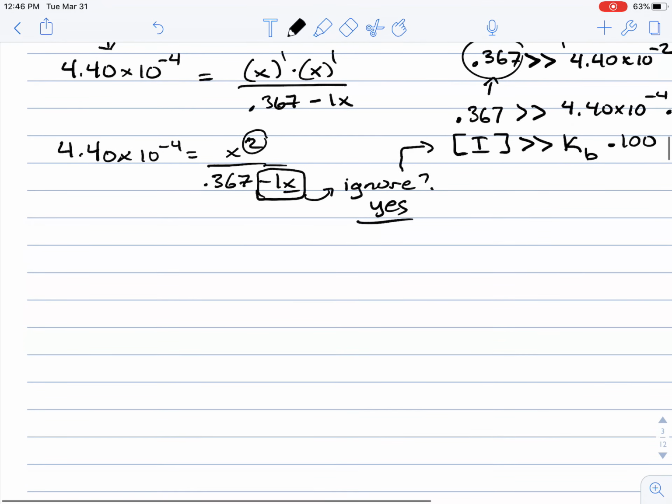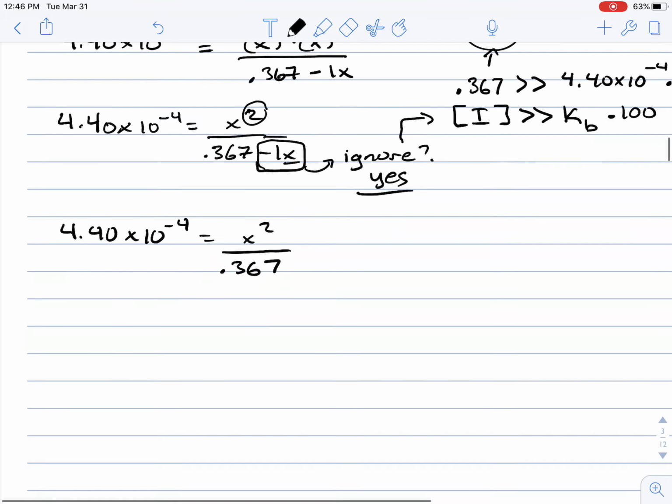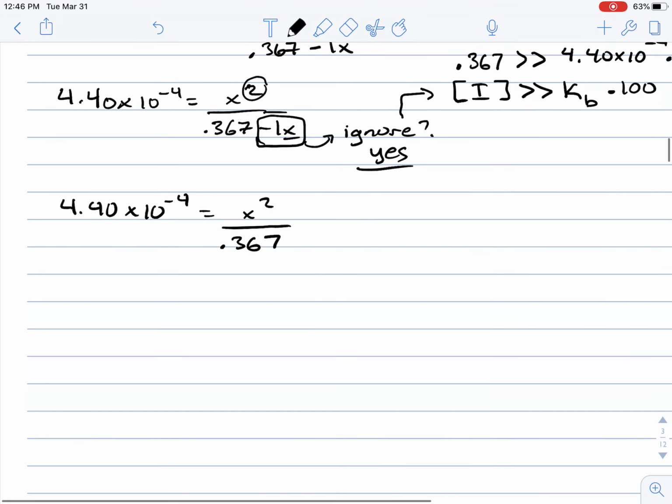And so we're going to go ahead and put in 4.40 times 10 to the negative 4. That's going to equal x squared over 0.367. And so once again, if you perform the algebra, we get 4.40 times 10 to the negative 4 times 0.367.